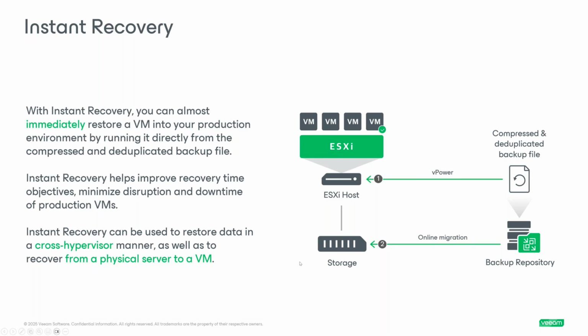So again, you can use it to recover very quickly, but once you launch instant VM recovery, you will have to complete the operation at some point. So after you launch instant VM recovery and your VM is back and running very quickly, you then have to migrate the backup file to production to complete the recovery.